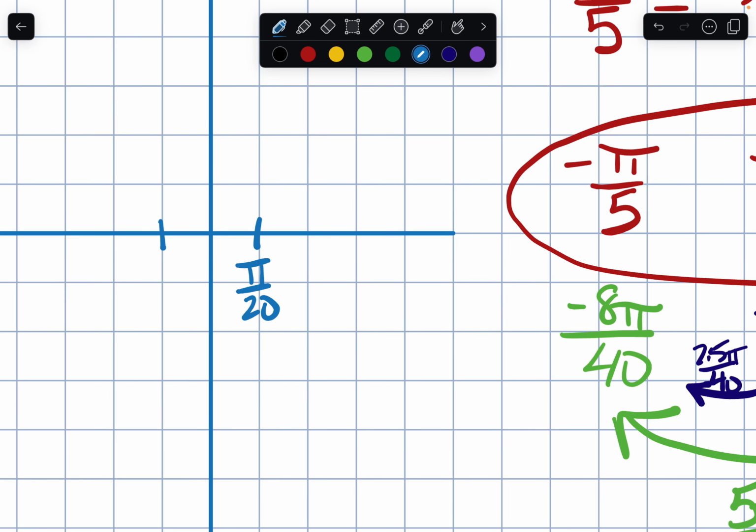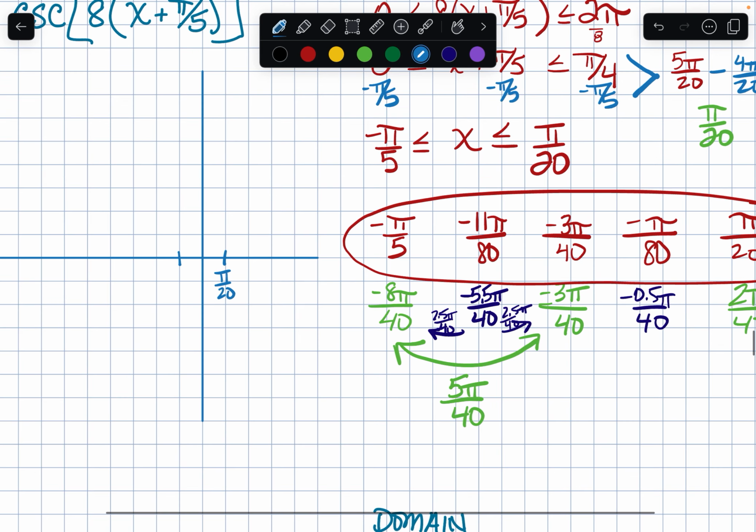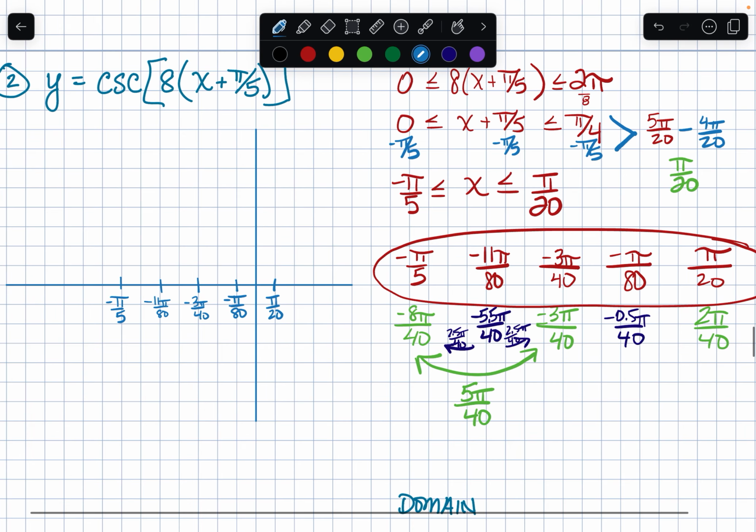Every 2 blocks means that's the next one. So this is negative pi over 80. 2 blocks over will be negative 3 pi over 40. 2 blocks over is negative 11 pi over 80. And then negative pi over 5. That's how I label my x-axis.